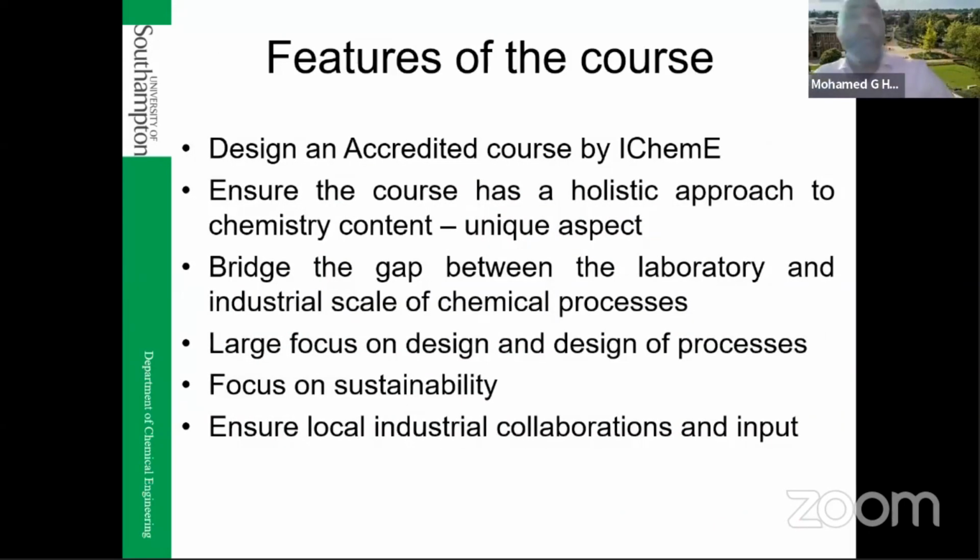So we've designed a course with accreditation in mind. We took the concept of the core of chemical engineering here and made sure we are plugging the gap between what scientists do and what engineers do to actually design better processes that are focused on sustainability, that reduce the waste, reduce the emissions, improve and optimize the upscaling of the raw material, look at the processing and how it interacts and how we can make things faster, cheaper, at a higher quality that meets the demands of society.